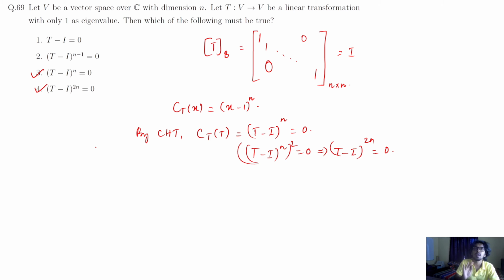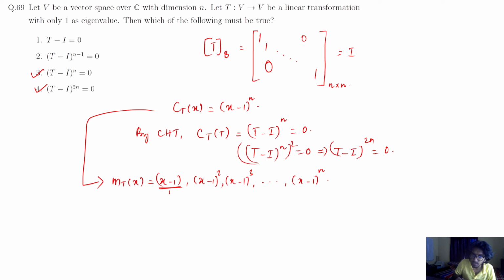Now we have to examine whether options 1 and 2 are true or not. If this is the characteristic polynomial, then the minimal polynomial could be either x minus 1, or (x minus 1) squared, (x minus 1) cubed, till (x minus 1) to the power n.